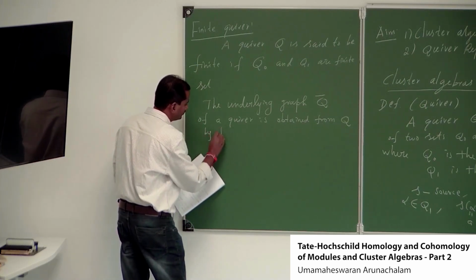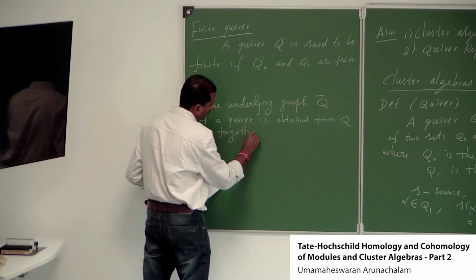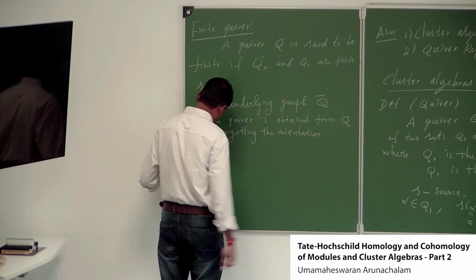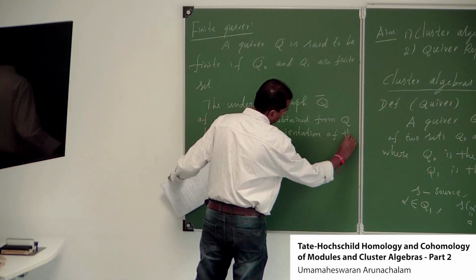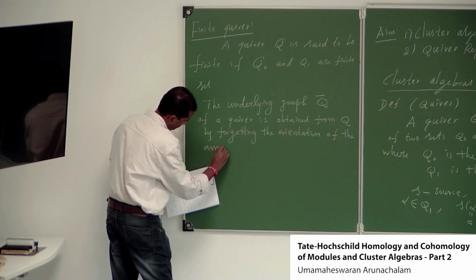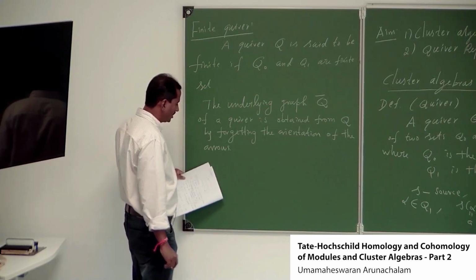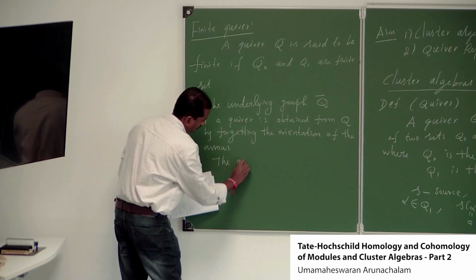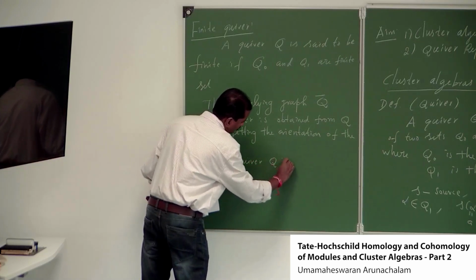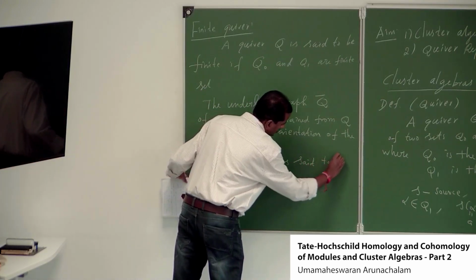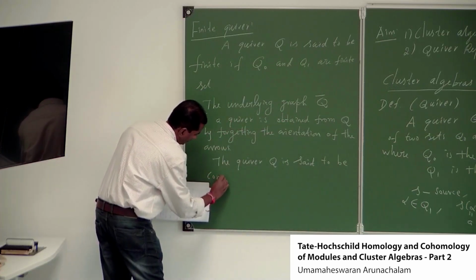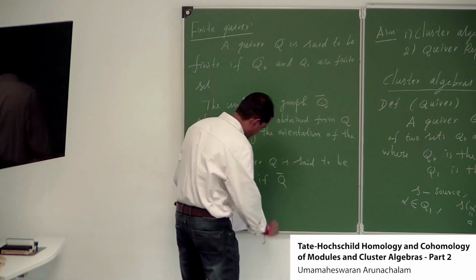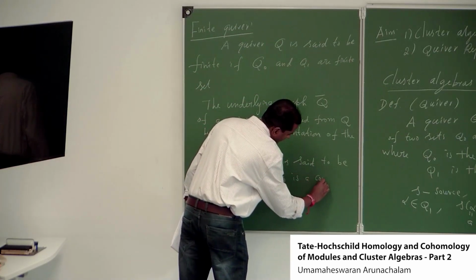The quiver Q is said to be connected if Q bar is a connected graph.